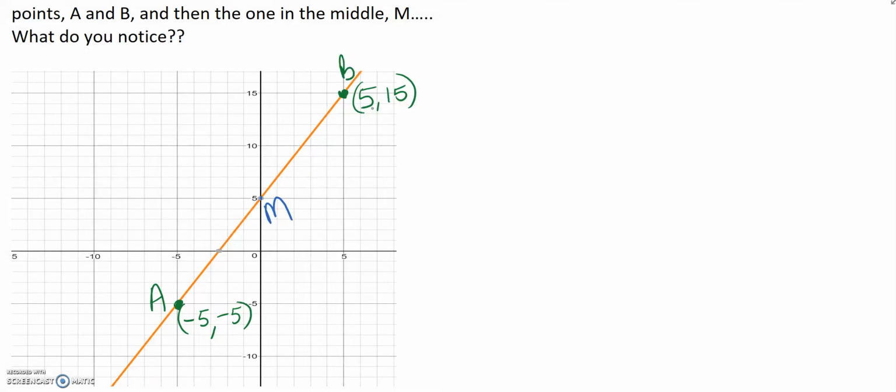Now let's have a look at the coordinates of our midpoint, which is point M, which is 0, 5. Have a look at these coordinates, -5 and 5, and compare that with 0. Then look at -5 and 15, and compare that with 5.